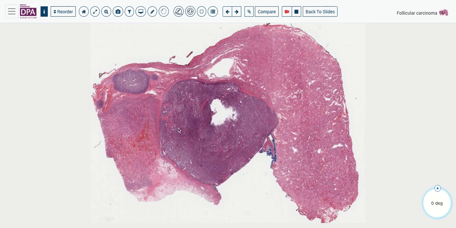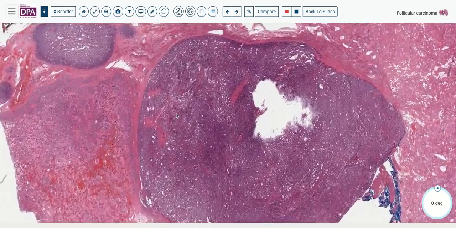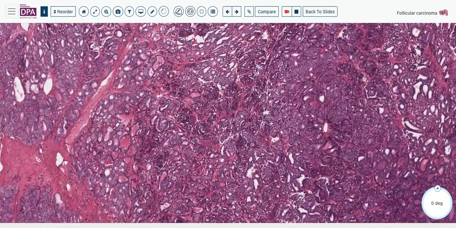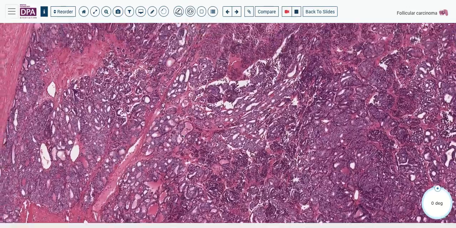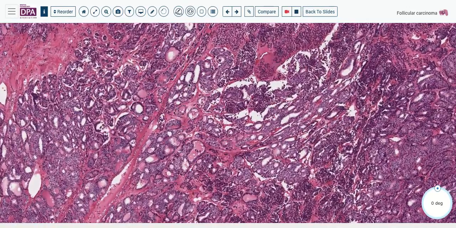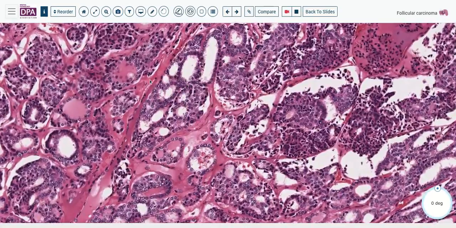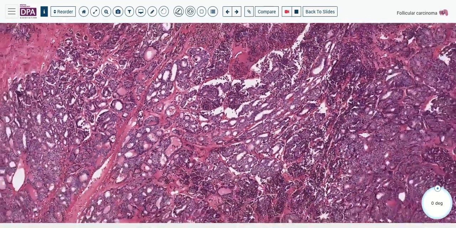Here's a low power magnification view, and we can see if this is follicular carcinoma, this is widely invasive by definition. You've got tumor far beyond the capsule. And so we'll take a look at here and see follicular architecture. No papillary carcinoma nuclear features.